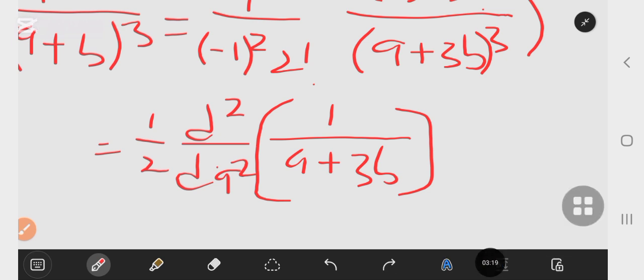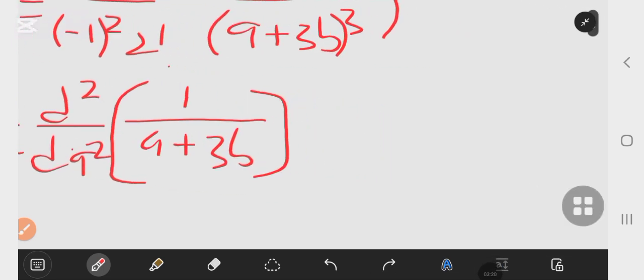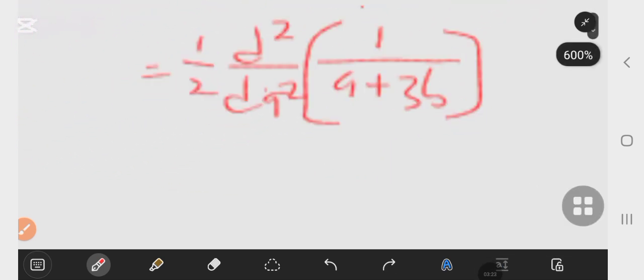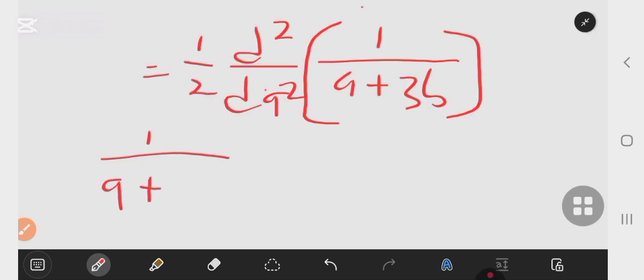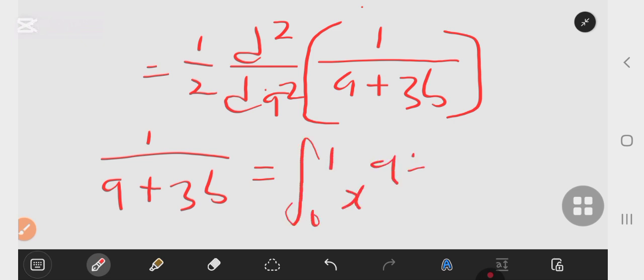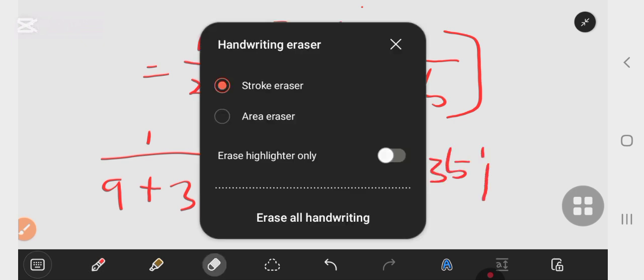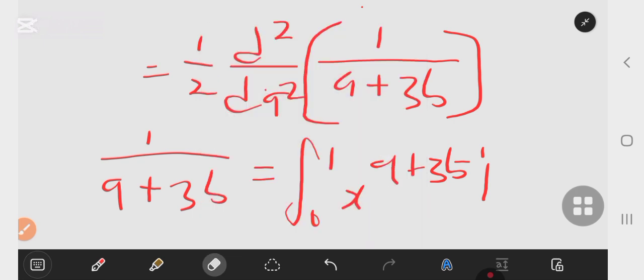Another thing you should notice is that 1 over (A plus 3B) is equivalent to the integral from 0 to 1 of x to the power of (A plus 3B minus 1) dx.